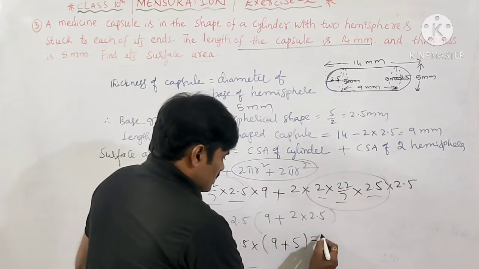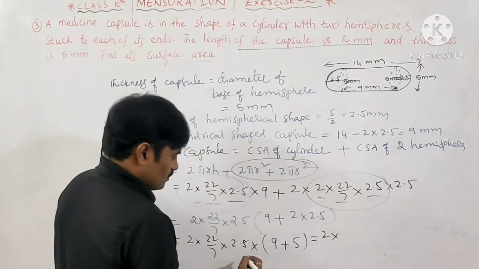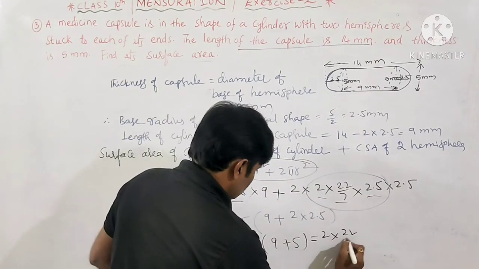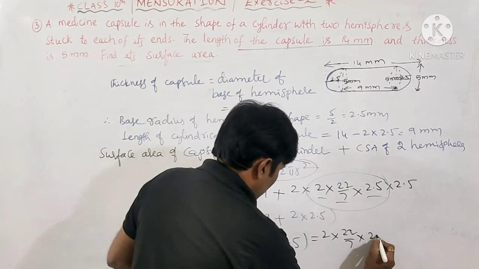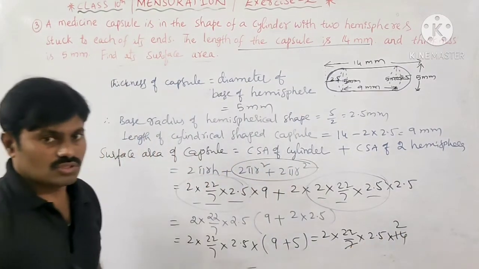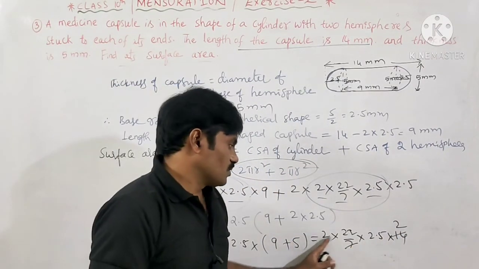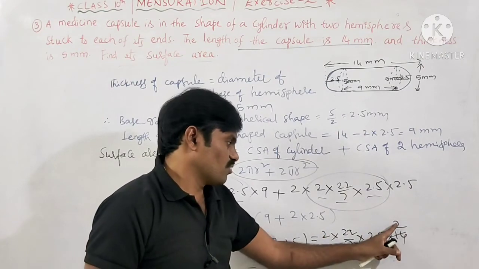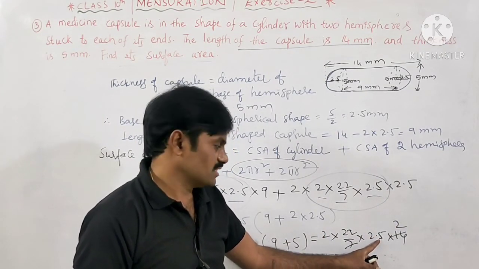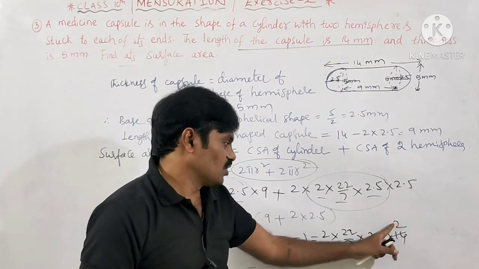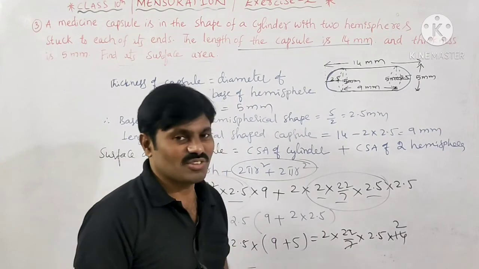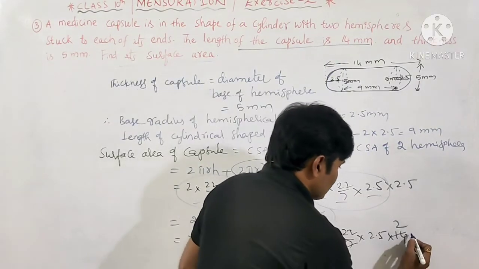First simplify the bracket, so 9 plus 5 is 14. So 22/7 into 2.5 into 14, 7 2s are 14, so what remains is 2 into 2.5, that is 5, 5 into 2 is 10, 10 into 22 is 220.